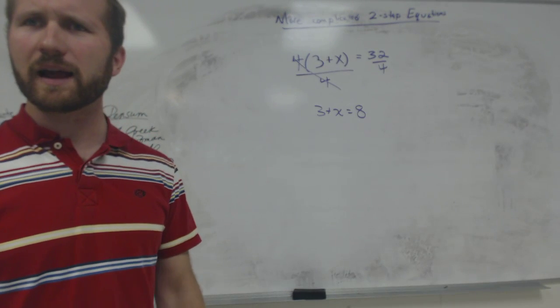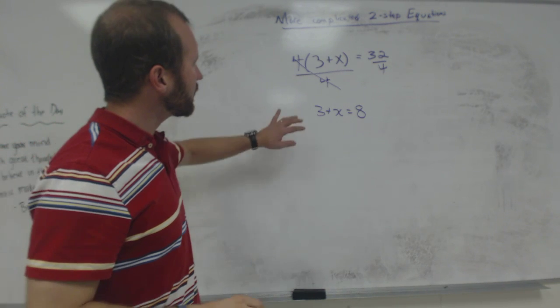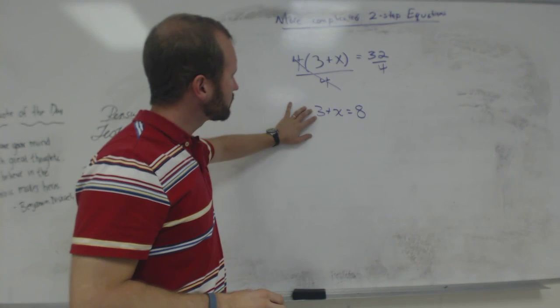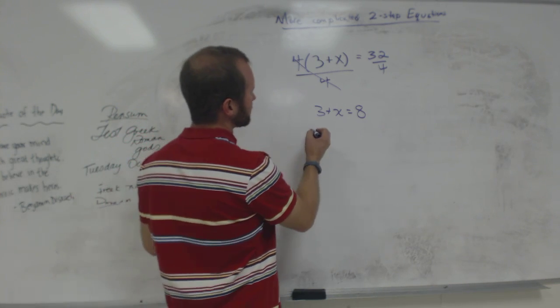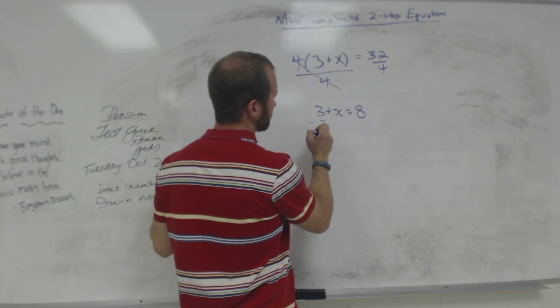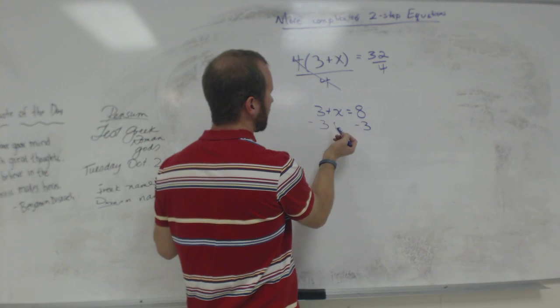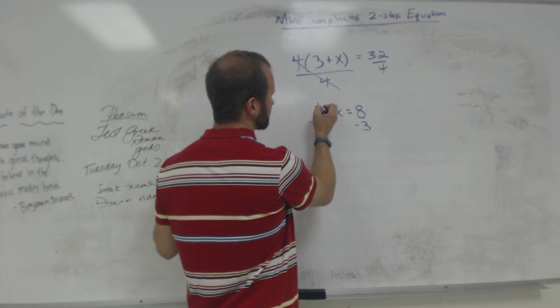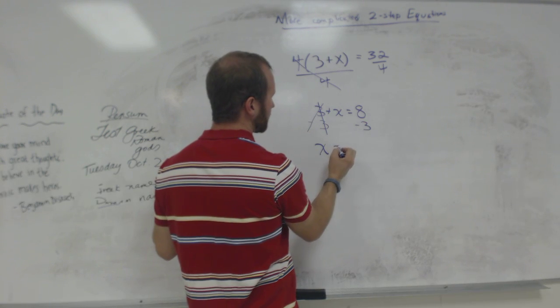What's in the way of that x? The 3. How do I get rid of the 3? Minus 3. So 3 plus x minus 3 is just x. 8 minus 3 is 5.